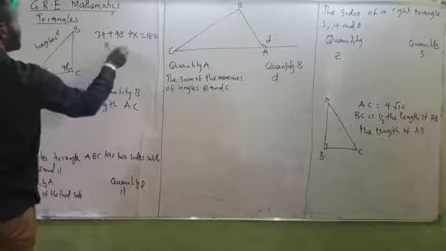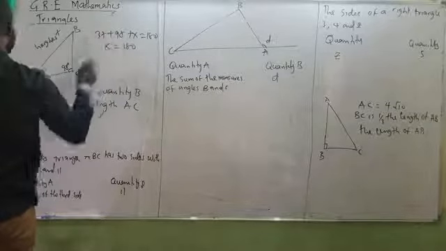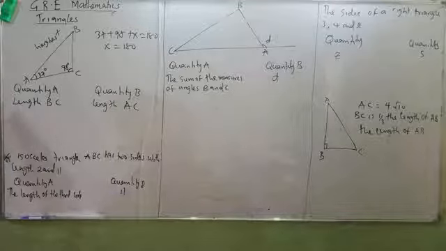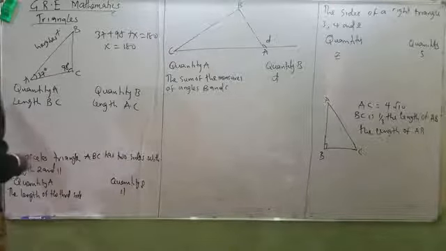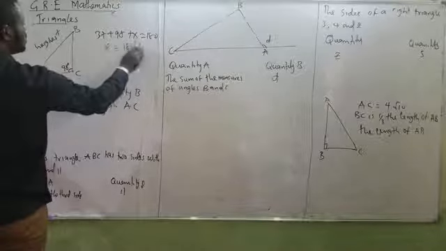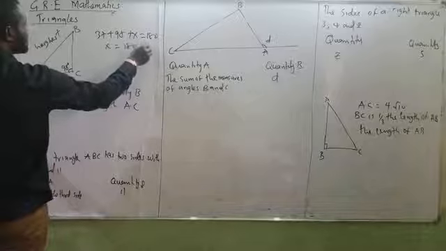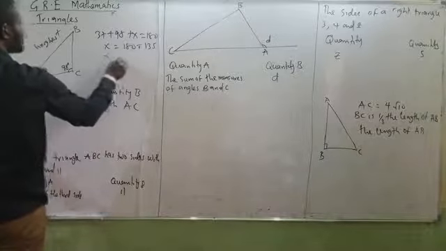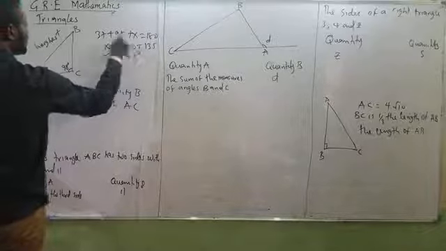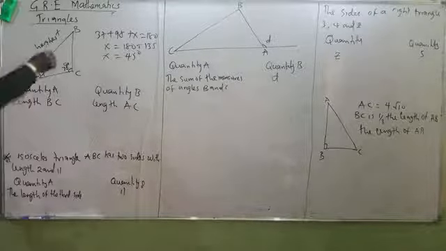I think the sum of this thing will be equal to 135, and 180 minus 135, which gives my x equals what? It will be equal to 45 degrees. Now my x equals 45 here.